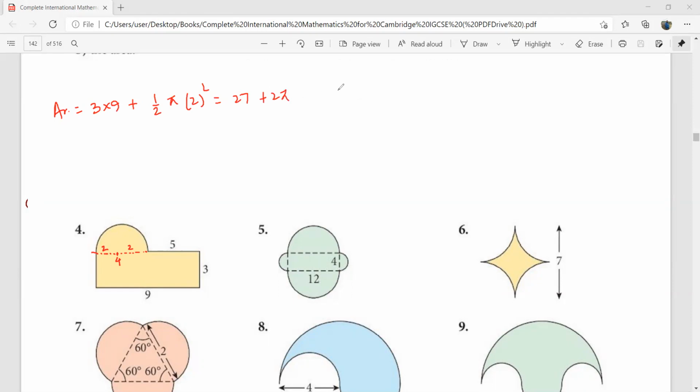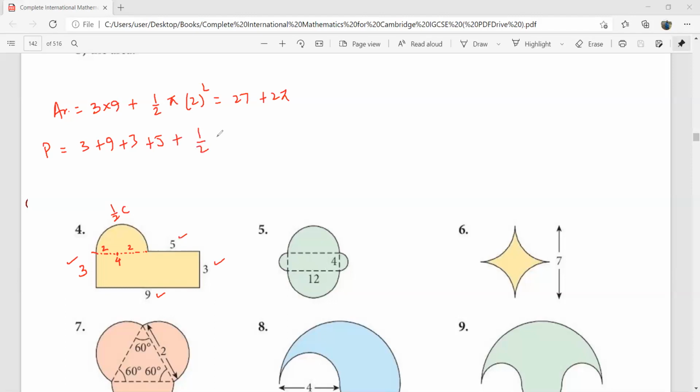And if you have to find the perimeter, it would be 9 plus 3 plus 5 and this 3 over here, and this half the circumference. The total perimeter would be 3, this one, plus 9, this one, plus 3, this one, plus 5, and then plus half the circumference.